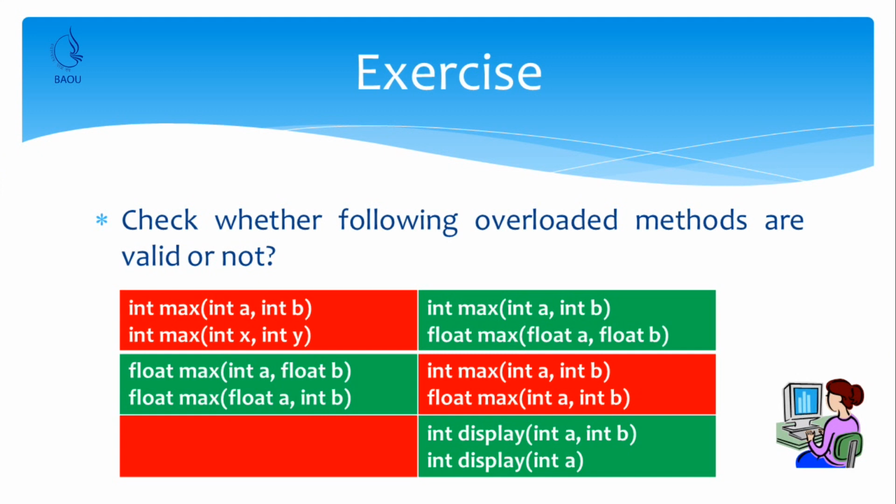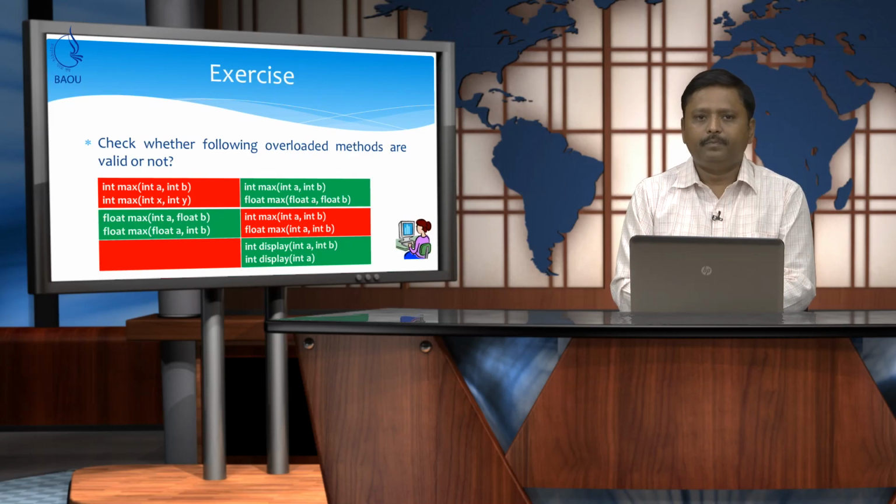The reason is that you need a different parameter type or a different number of parameters. Here the parameters are the same and of the same type, so this is not valid even though the argument names are different, because this does not make any difference.